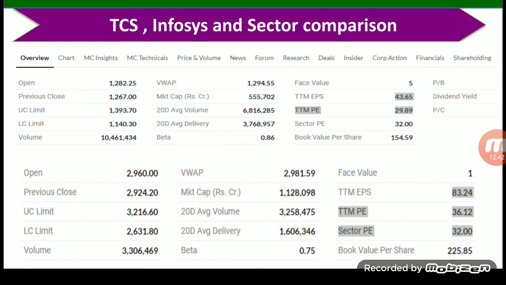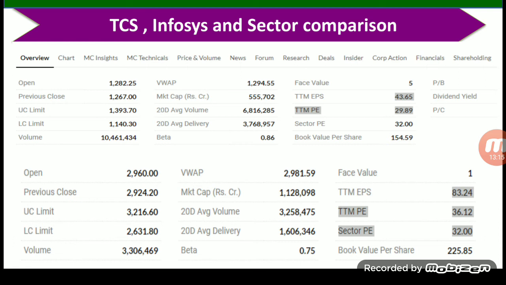One whistle blowing report came out saying that Infosys had artificially increased their numbers, meaning the results, and shown higher profit than actual. When this news came, the stock price corrected, meaning it decreased. So such things can happen.